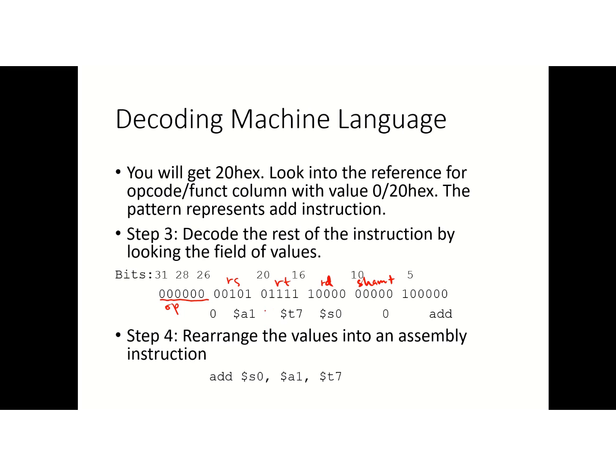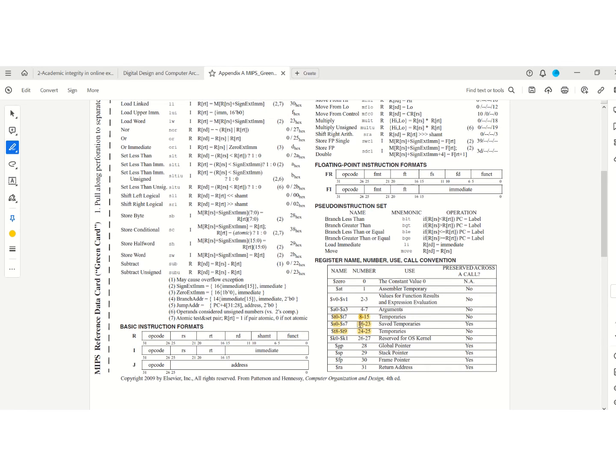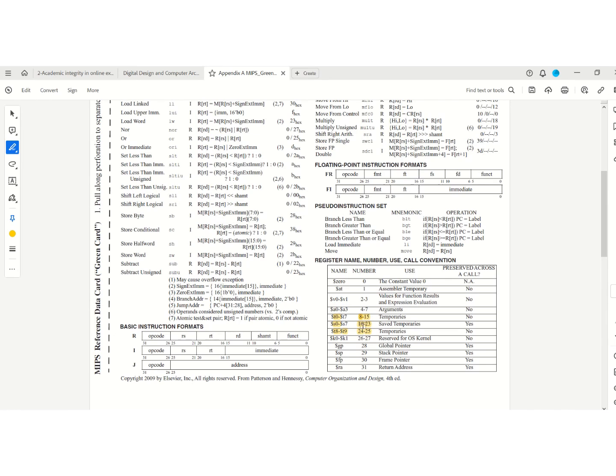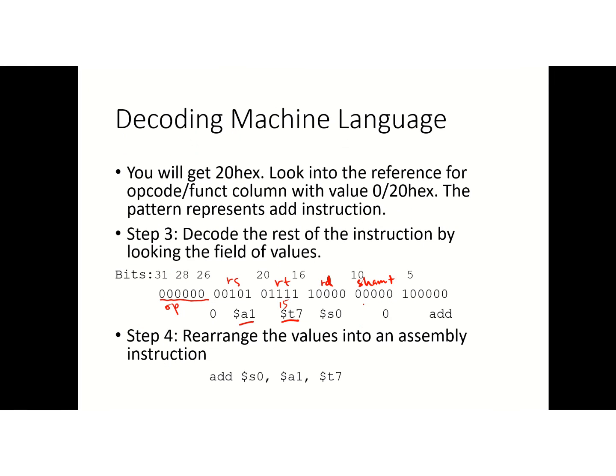So this is $a1. And then 1111 is 15, and 15 is $t7. And then 10000, which is 16, is $s0. Shift amount is 0, and this is add.